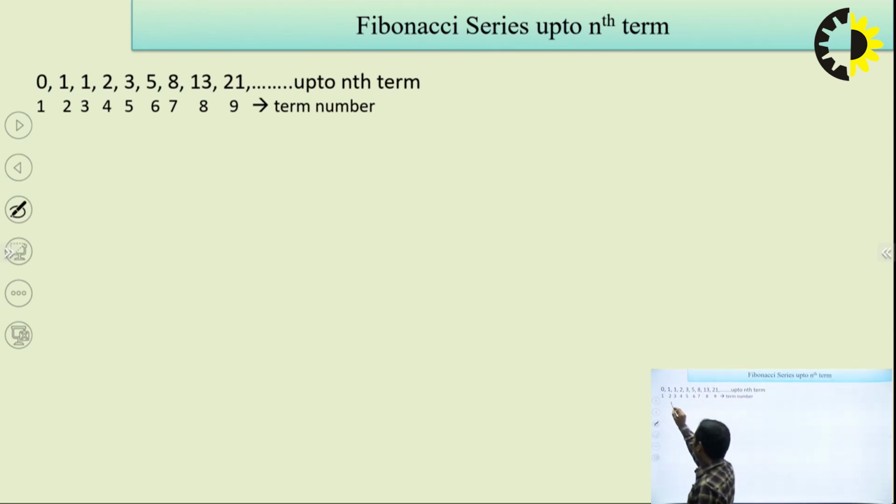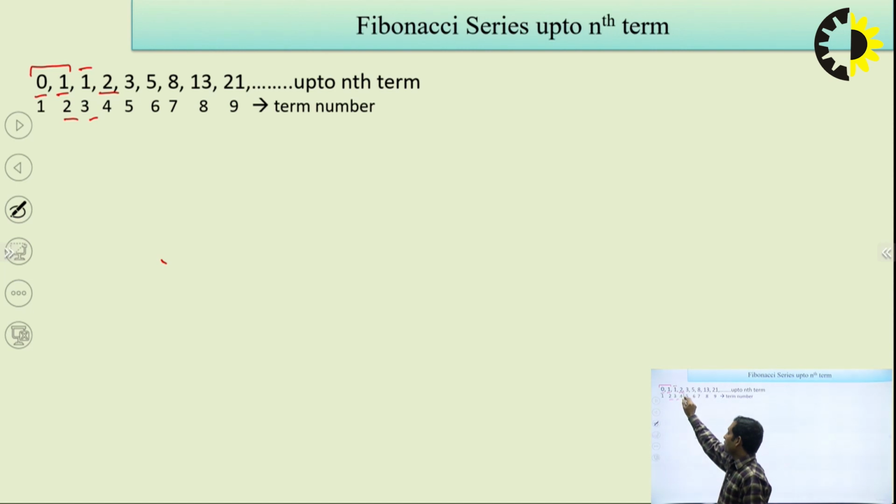These are the two basic, fundamental terms, and the next term is generated with the help of the previous two terms, 0 plus 1, which generates 1. Then to generate the fourth term, we use the two previous terms, term number 2 and term number 3. The value of term number 2 is 1, and the value of term number 3 is 1.